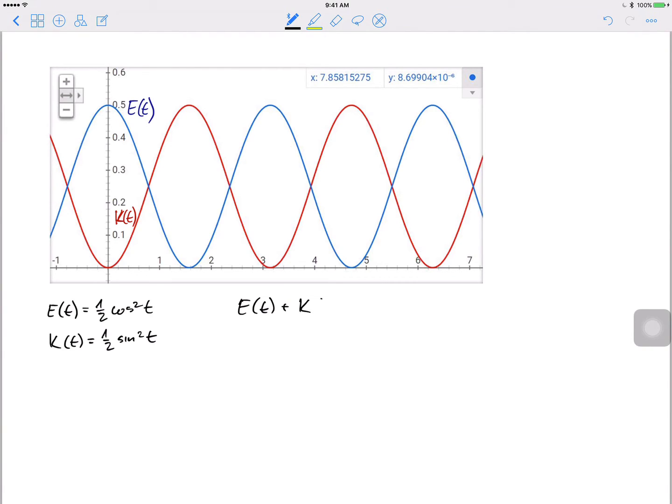So if you do the total energy, then you of course see it's 1/2 of cosine squared t plus 1/2 of sine squared t, but you know very well that this is 1, so this whole thing is always 1/2. So this blue curve plus the red curve, they sum to a constant 1/2.